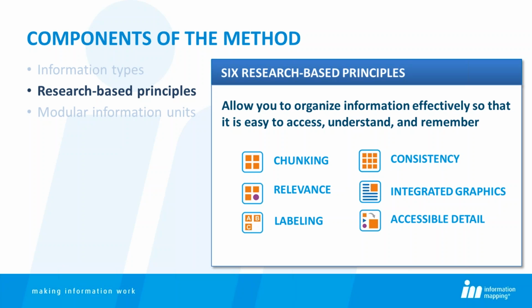There are the integrated graphics, so that's using bullets or tables or videos or anything along those lines to present the information in the best way possible. And then the accessible detail, which addresses satisfying multiple audiences or personalizing it. So that's when you take the audience into consideration and determine what information they need, and provide what they need where they need it.